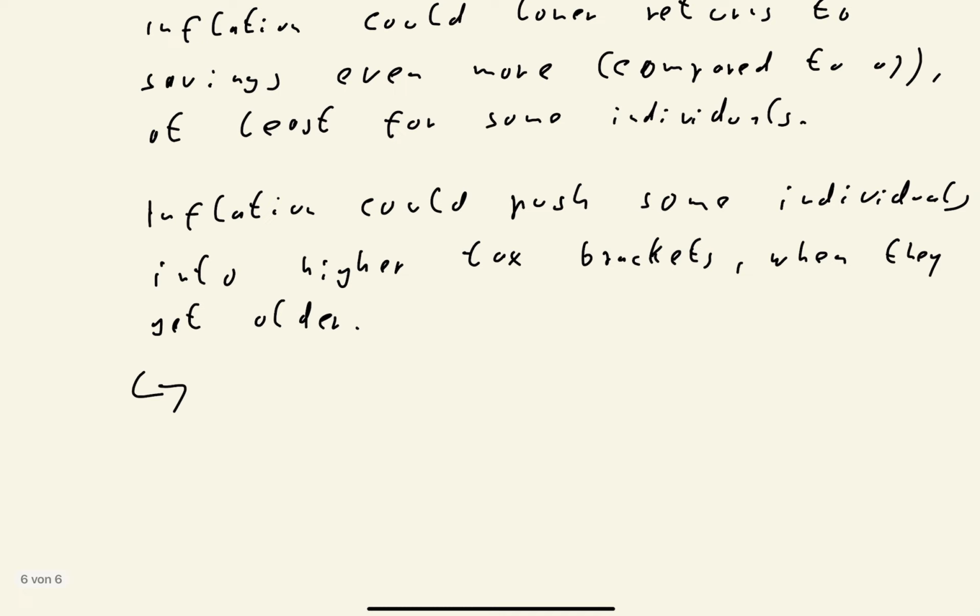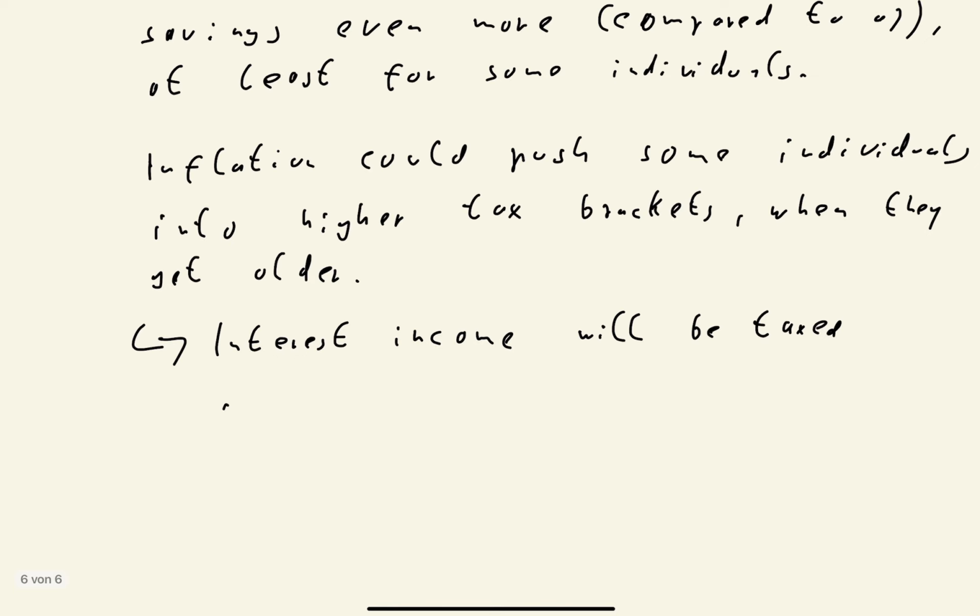If they get pushed into higher tax brackets, it means that their interest income will be taxed at a higher tax rate, so 30% instead of 10%, and this reduces their rate of return.